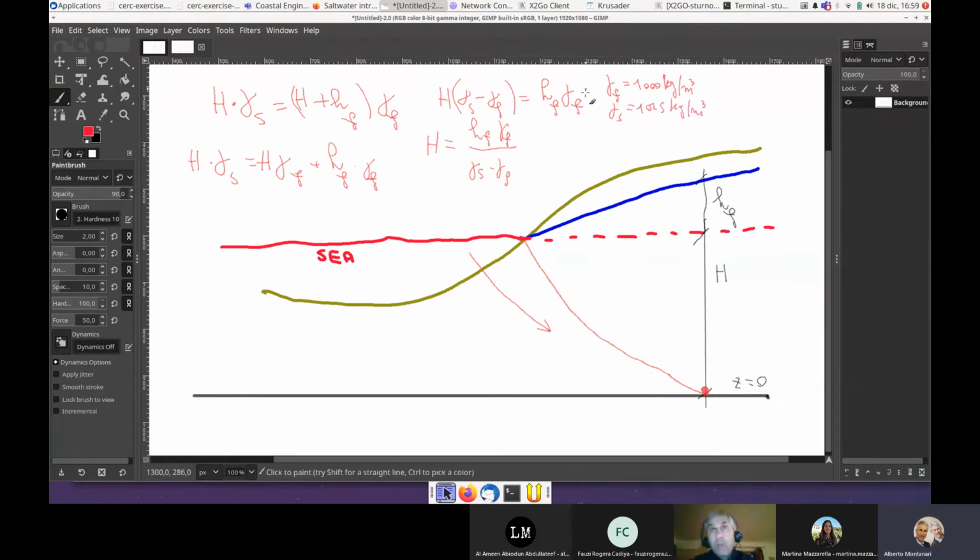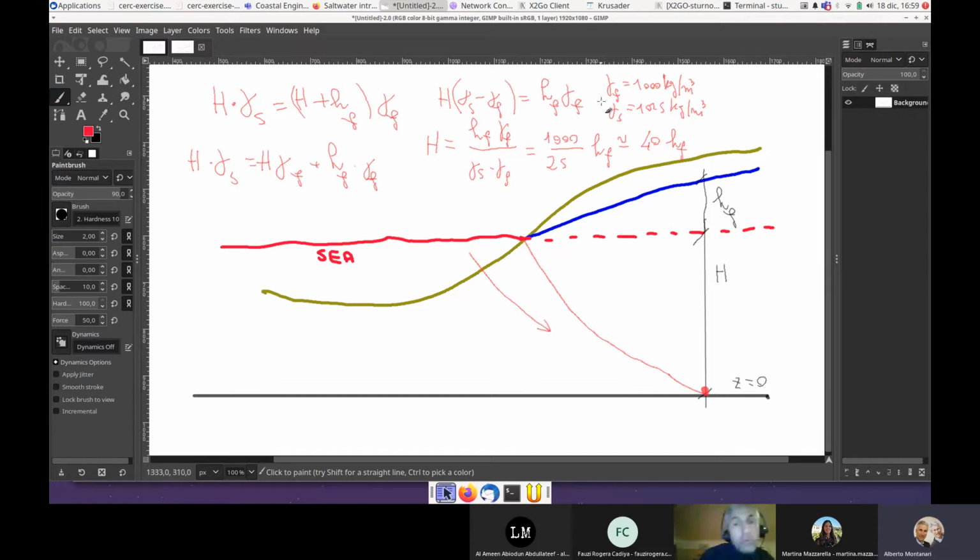Now here we can write that this is equal to gamma f, 1000, divided by the difference between the two, 25, times h f. This is more or less 40 h f.